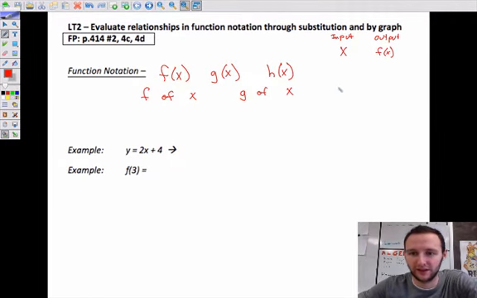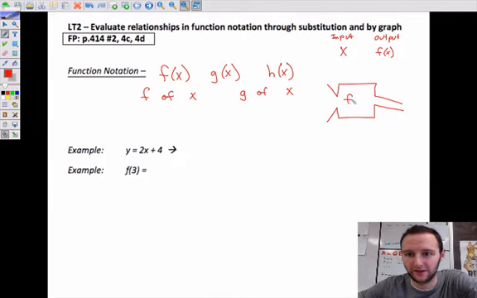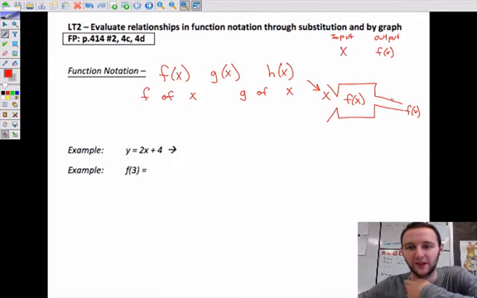So we'll draw this little function machine thing again, and this machine is f of x. This function takes x going in, and it spits out some value f of x. So x is your input, f of x is your output.